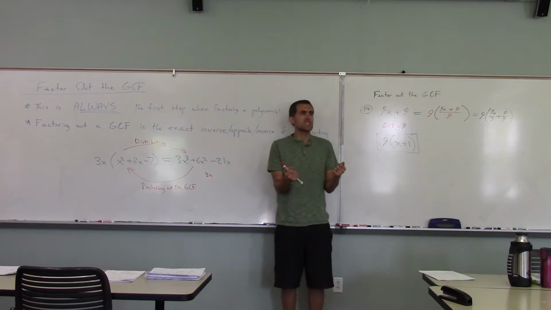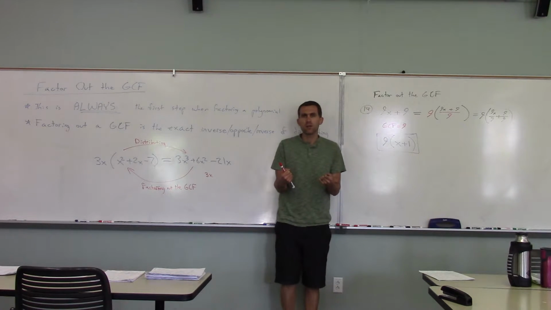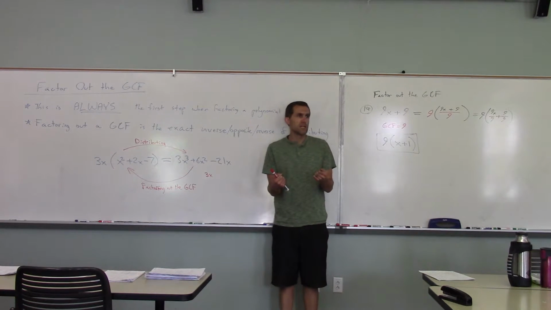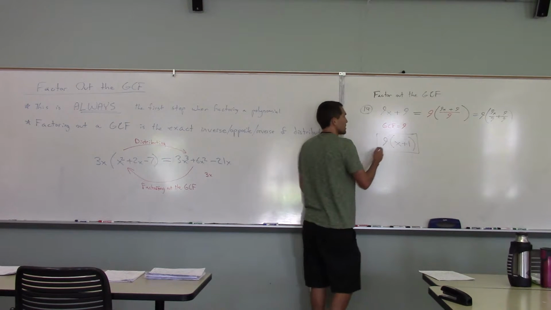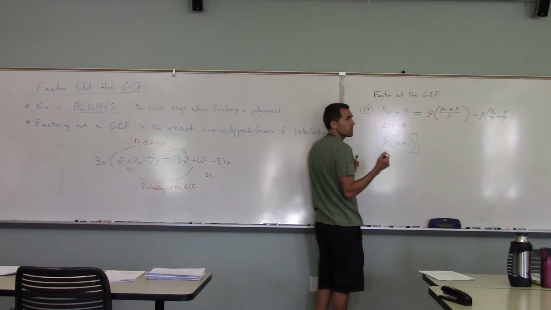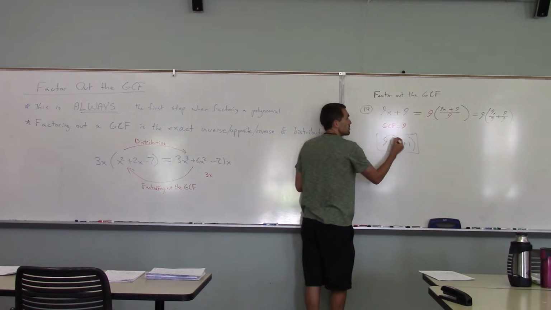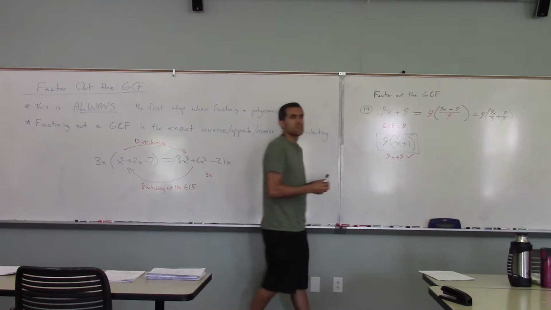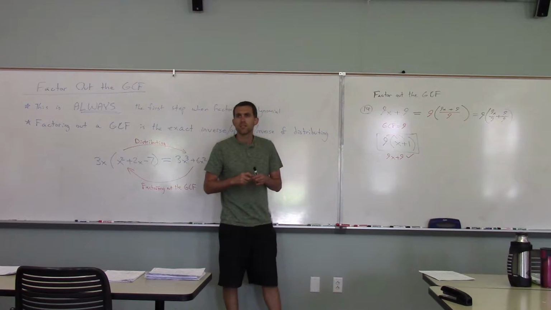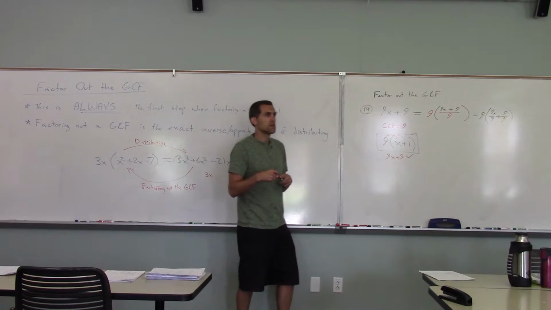When you factor 6 and get 2 times 4, how could you check if you were right? 2 times 4 is 8, I made a mistake, right? So when I factor this out to 9 times x plus 1, if I want to double check my answer, I just multiply this back in and go 9x plus 9, check, okay, I did factor it right. So really easy to double check.